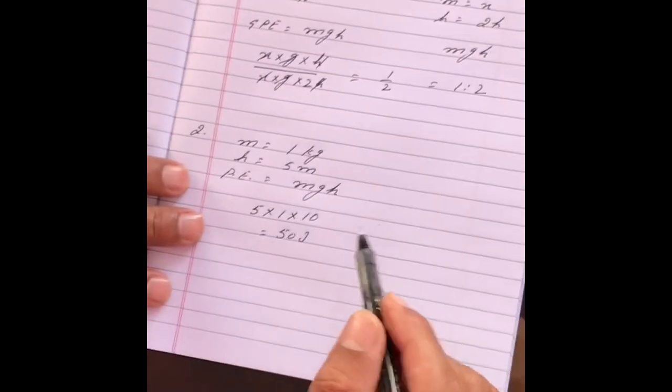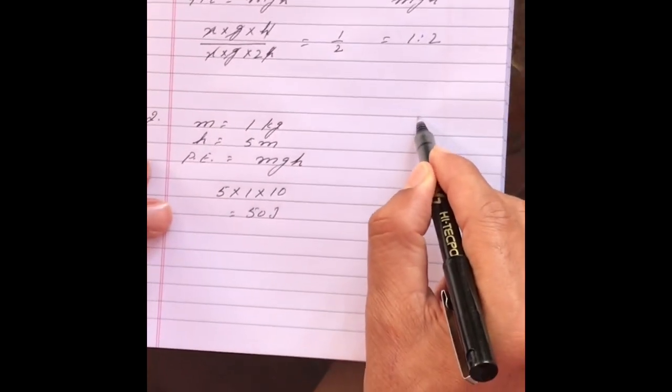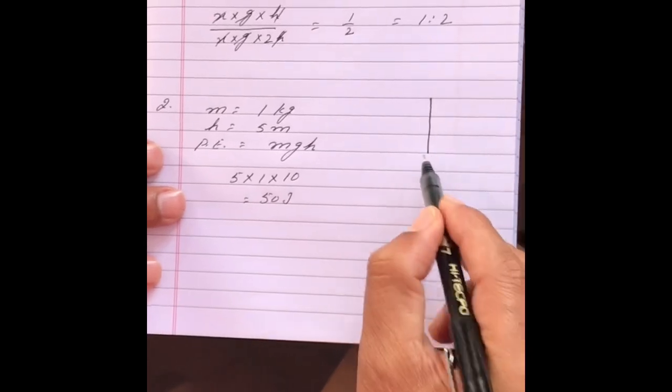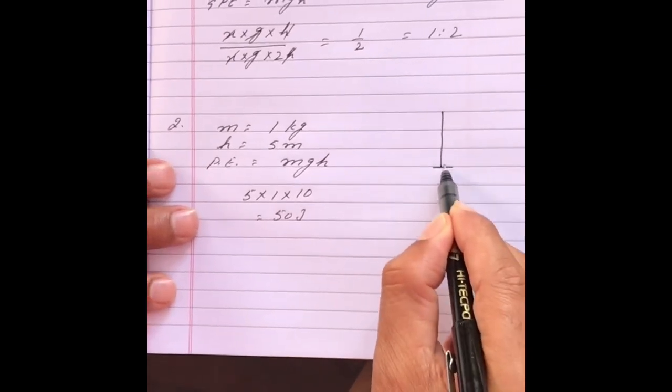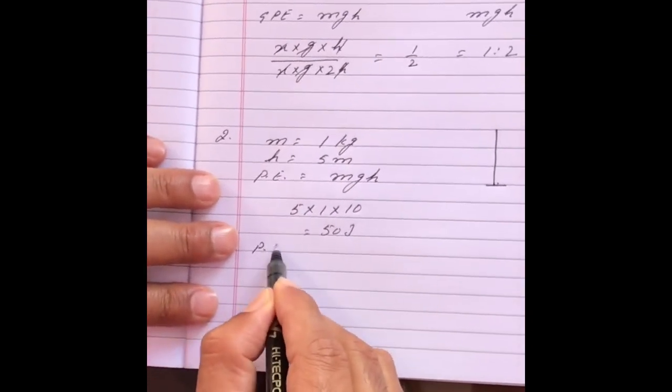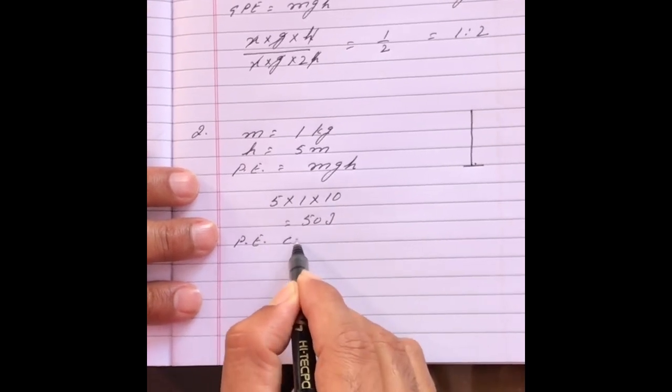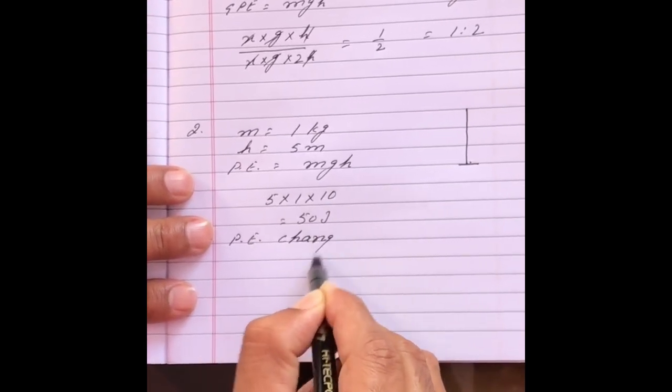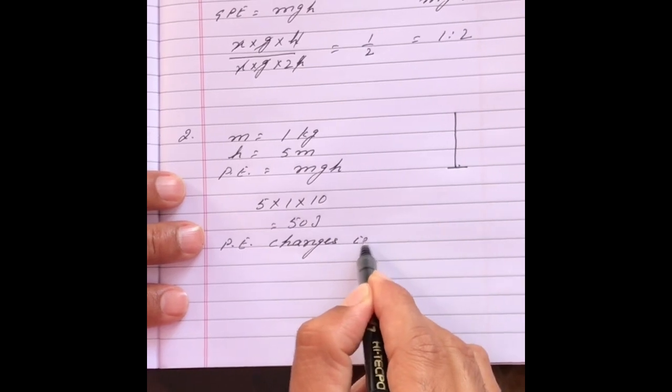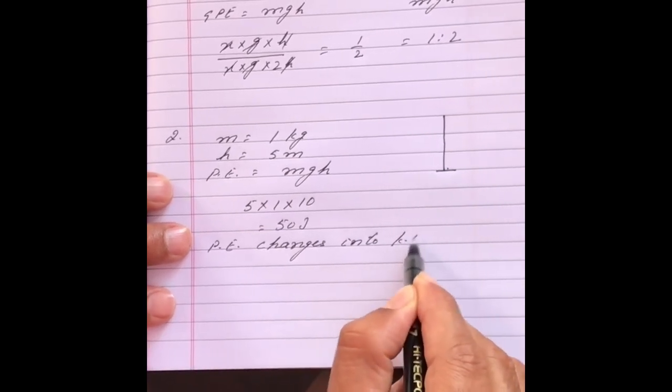Now when this stone is dropped from a height of 5 meter to the ground level, potential energy changes into kinetic energy.